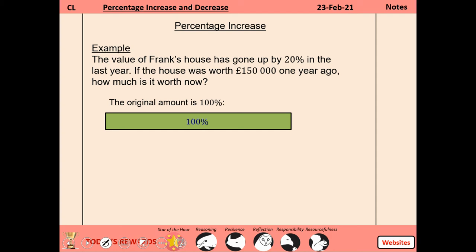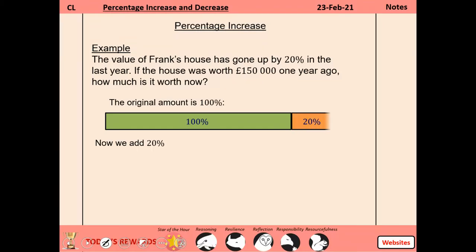The original price of the house was £150,000, and that can be represented as 100% because that's the original amount, the total amount we had at the start.